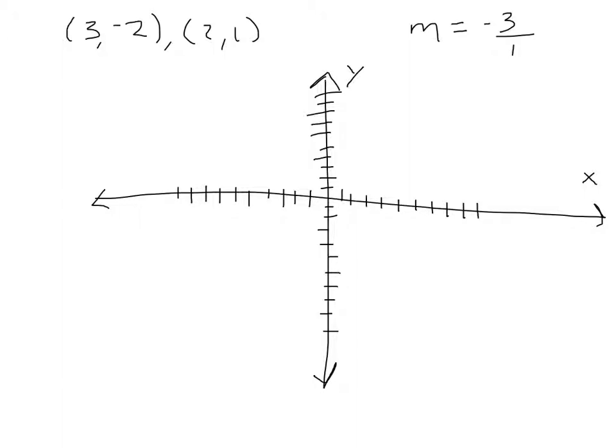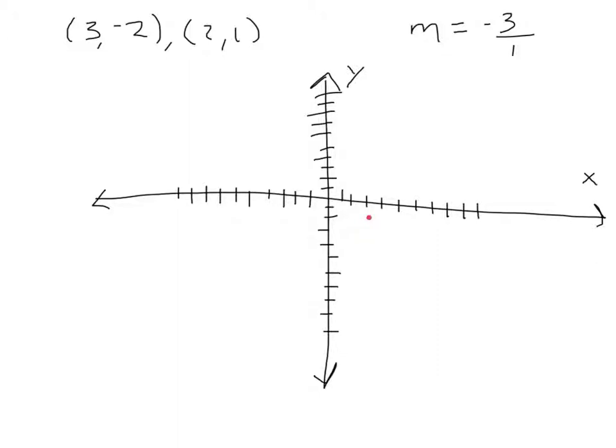Alright, so first off, we just got to graph those points. Let's see. So to graph these points, remember x comes first and then y. So to graph 3, -2, x is 3. That means I go to the right 3. Y is -2, so I go down 2, and the point is right there.